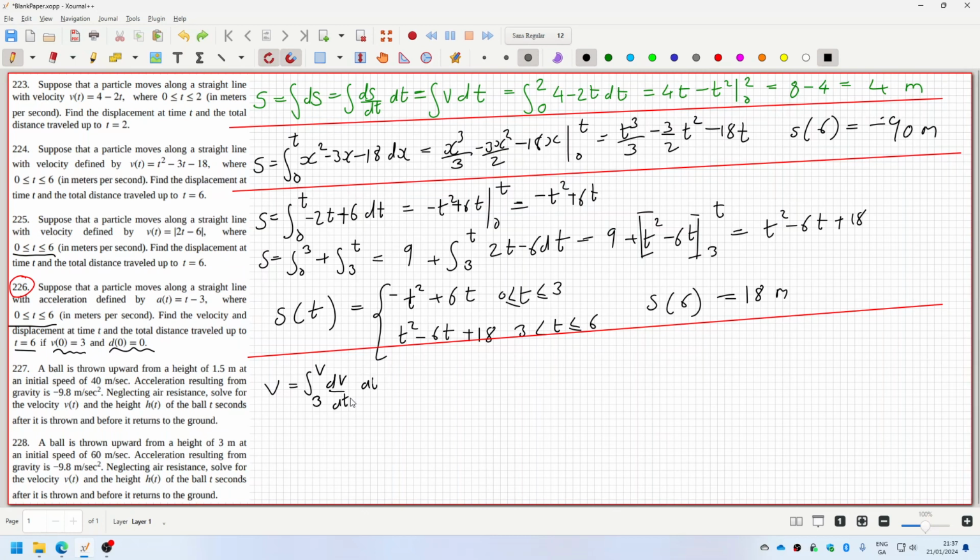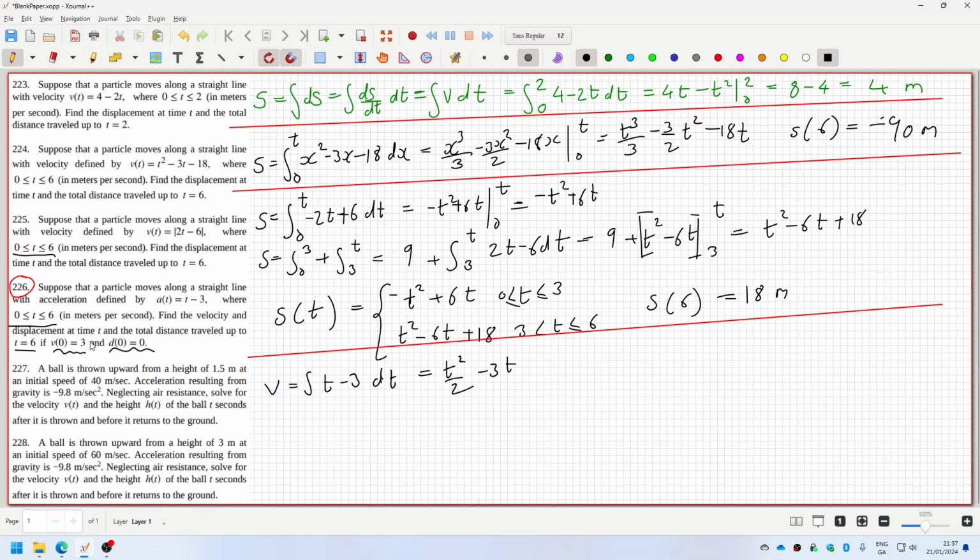I'm just a bit confused how the integration works. I know how to do it, but how to do an integration with limits. You could say the velocity is the integration of t minus 3 dt, and that would be t squared over 2 minus 3t.